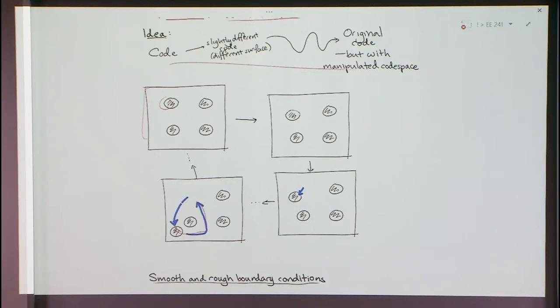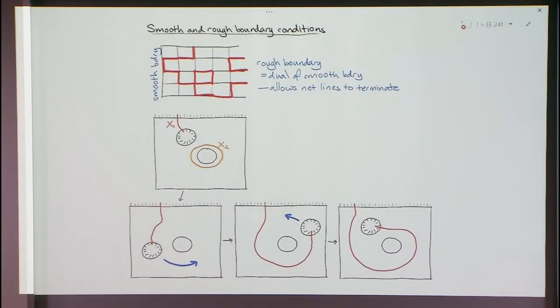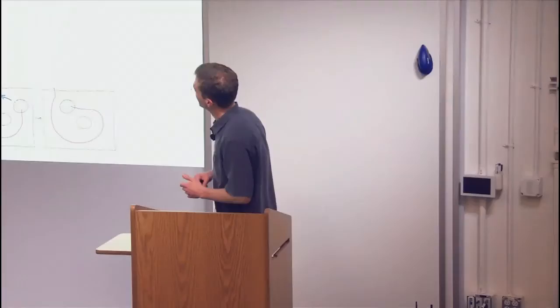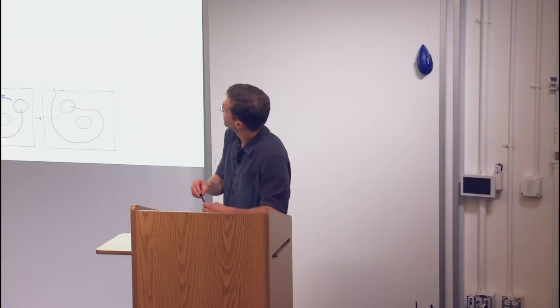Other questions? Okay. So here's the technicality, which I will explain, because it's not so bad. So again, it just has to do with these boundary conditions. So before, I've only talked about what are called smooth boundary conditions, where the lattice is like this.